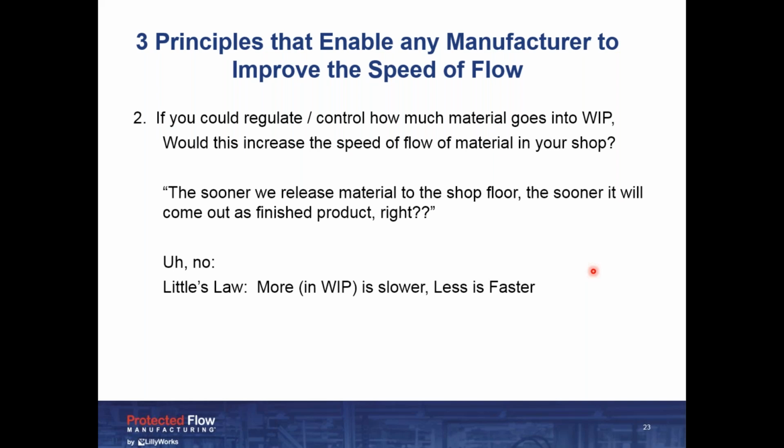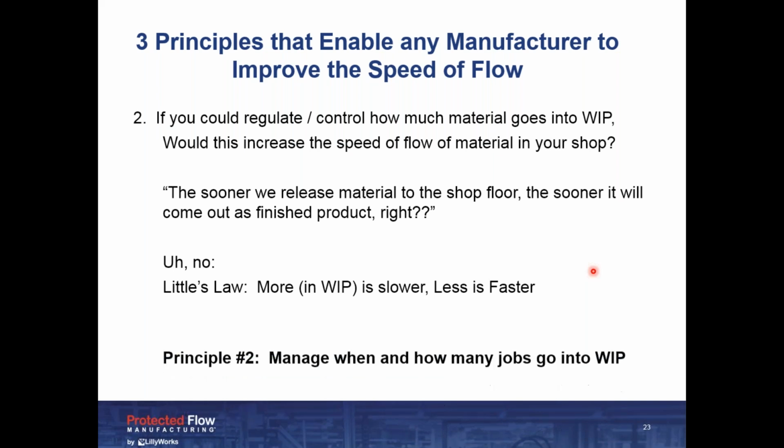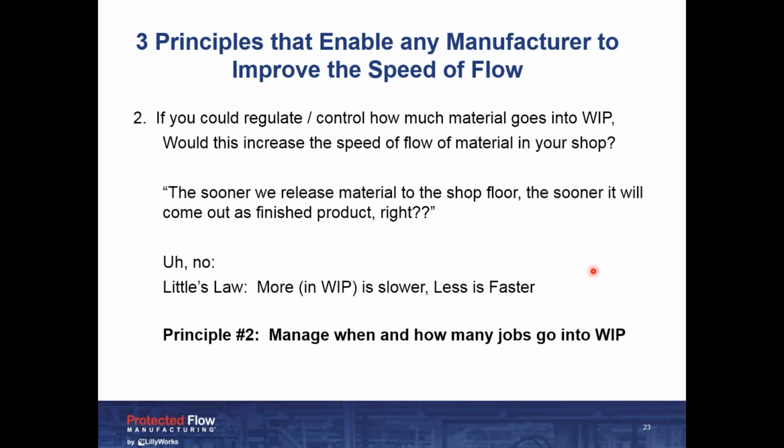So I think that's one of the symptoms we see and why many manufacturers have much more material out in WIP than they could have. Okay? So there's an opportunity for most to improve that. And that's principle number 2. We're going to help with that.